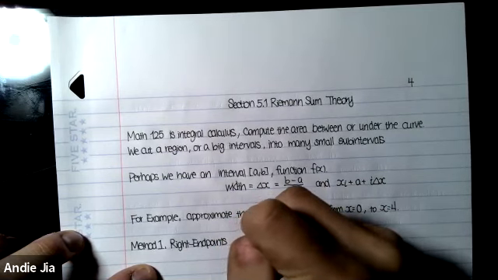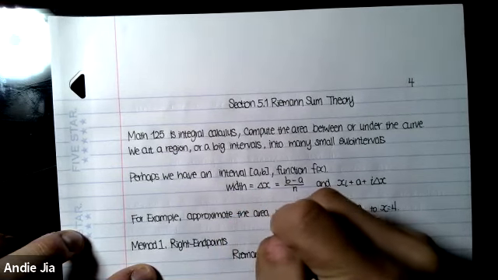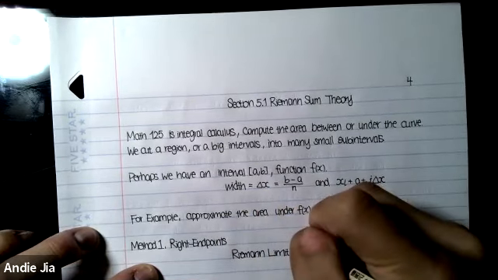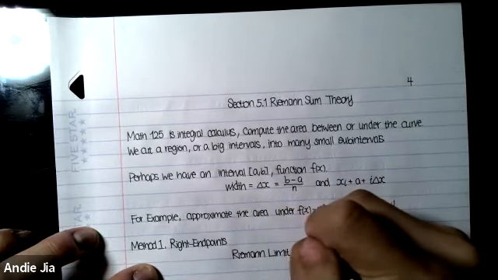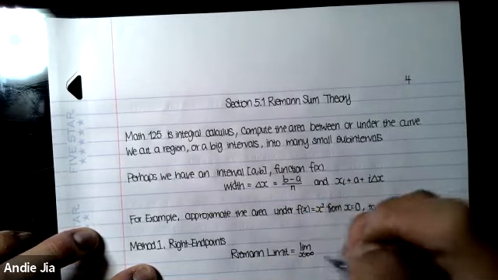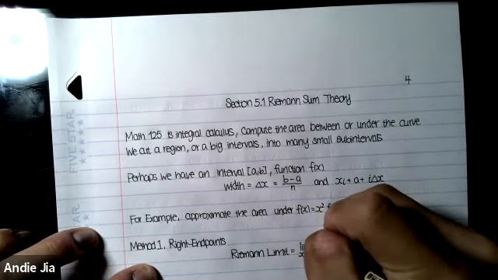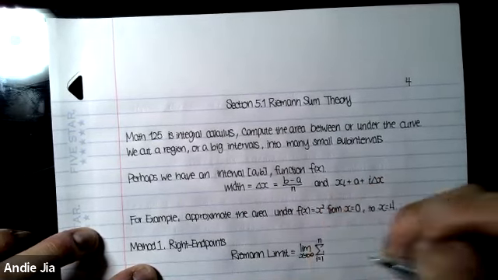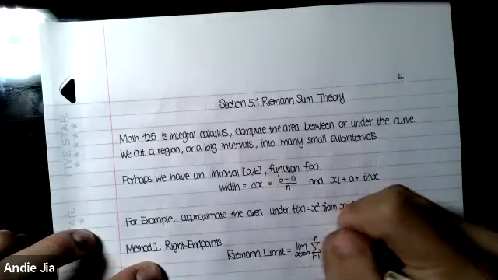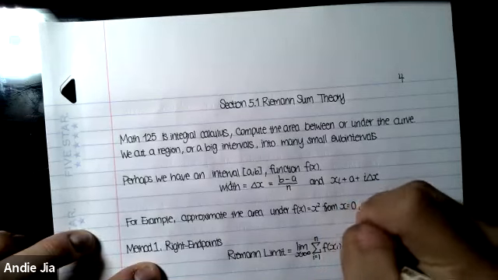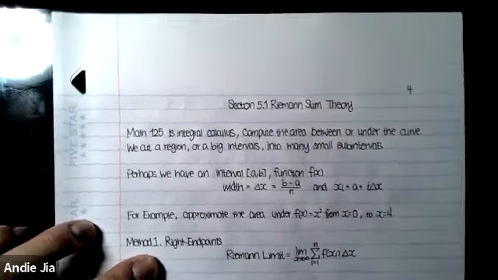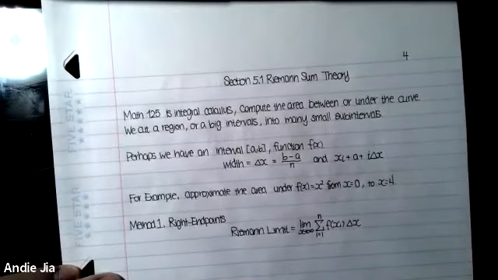We call it the Riemann limit, as n goes to infinity, and here we use the right endpoint.